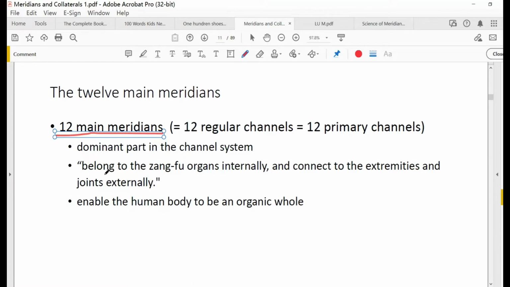The 12 main meridians belong to the zang organs internally and connect to the extremities and joints externally, so they enable the human body to be an organic whole.